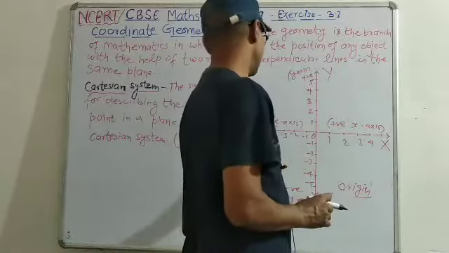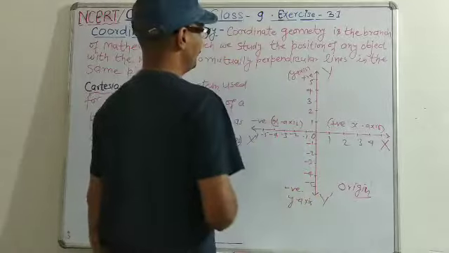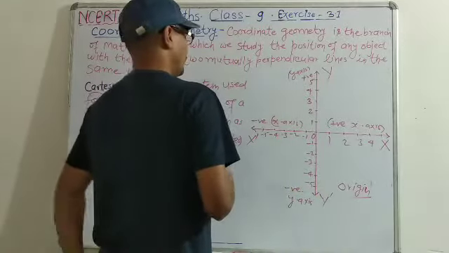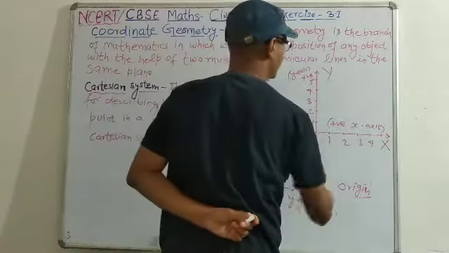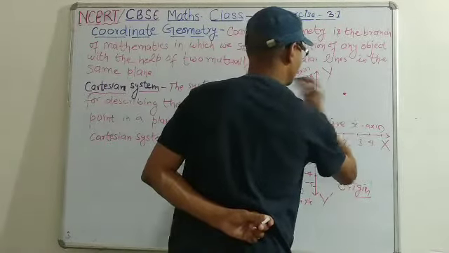This is x dash, the x-axis, and this is the y-axis. Suppose we would like to put some points here. What is the position of this point?